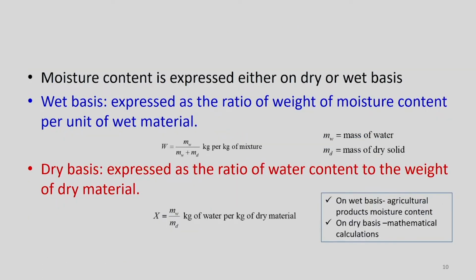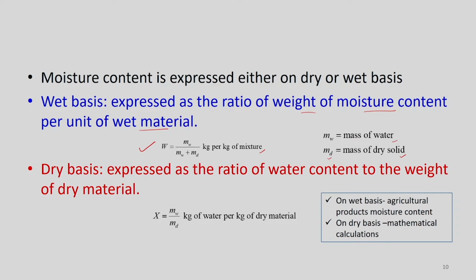Now, this moisture content is expressed either on wet or dry basis. So, on wet basis, it is expressed as the ratio of weight of moisture content per unit of wet material. Mathematically, it can be expressed as W is equal to mW over mW plus md, that means kg per kg of mixture. Okay? So, mW is mass of water and md is mass of dry solid.